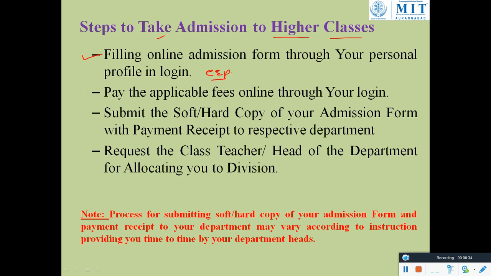Then you need to pay the applicable fees which you will see in the fees details tab, and then submit the soft copy or the hard copy of your admission form with the payment receipt to your respective department.